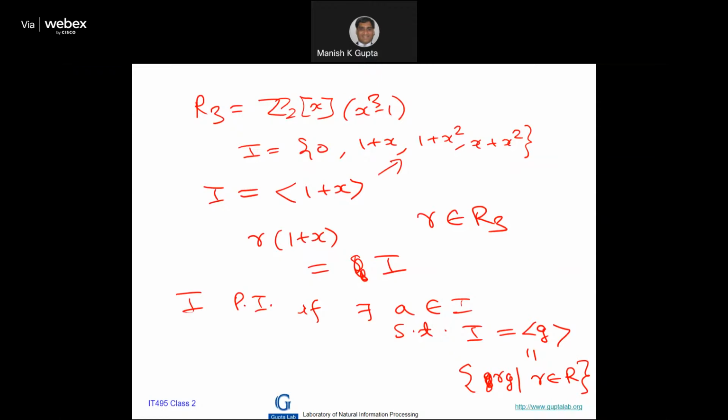Actually, we only need to worry about factorizing the polynomial x raised to power n minus 1. And we are all set actually. Just factorize the polynomial x raised to power n minus 1 and take each factor as a generator polynomial of the cyclic code. So let me show you what that means.